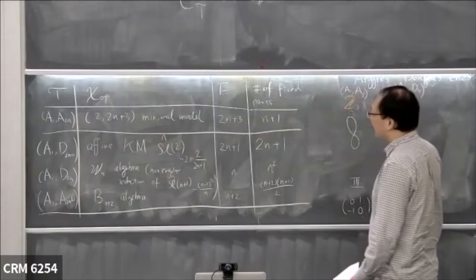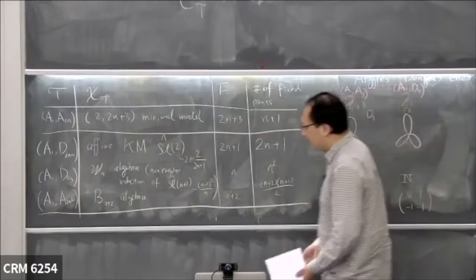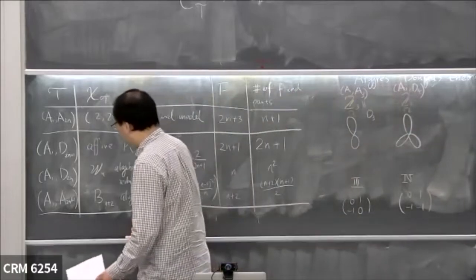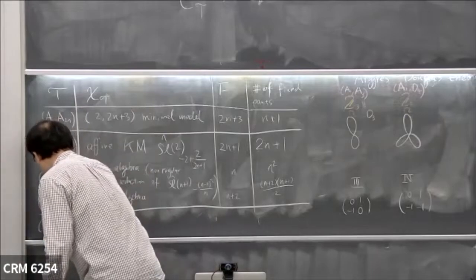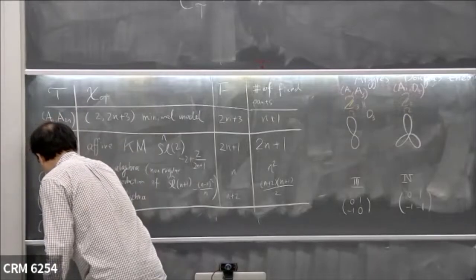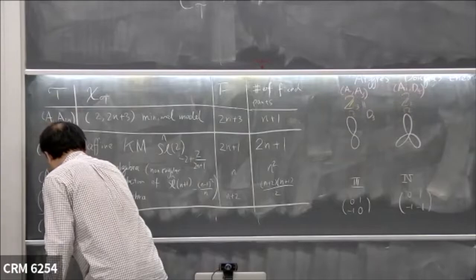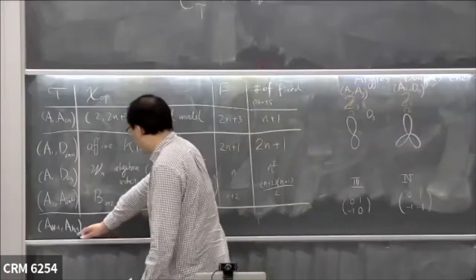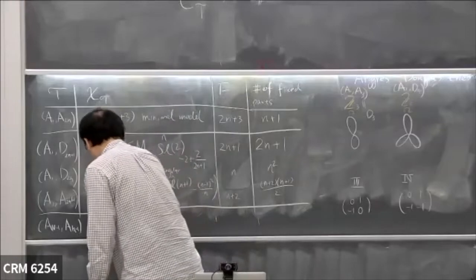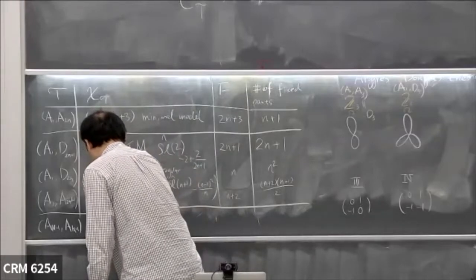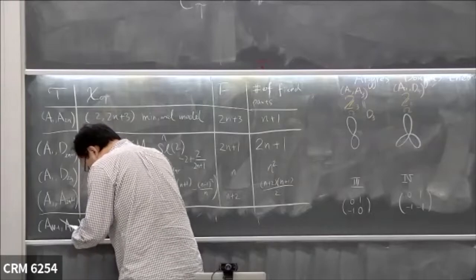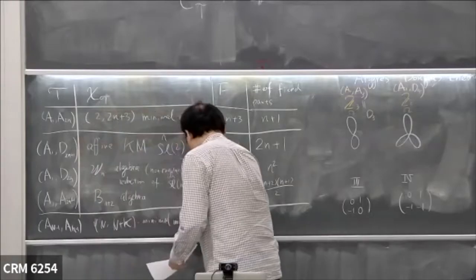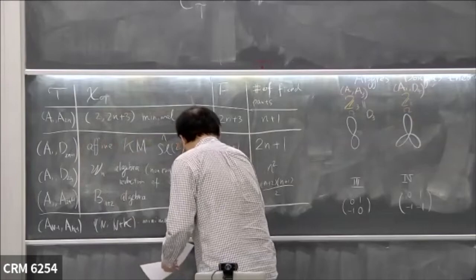You can also check the interesting AN comma A. So let me hope this is not too low. AN minus 1 comma A K minus 1 examples. So those will be certain minimal models for N plus K minimal models of Wn algebra.